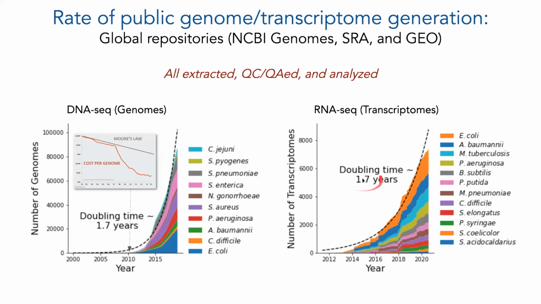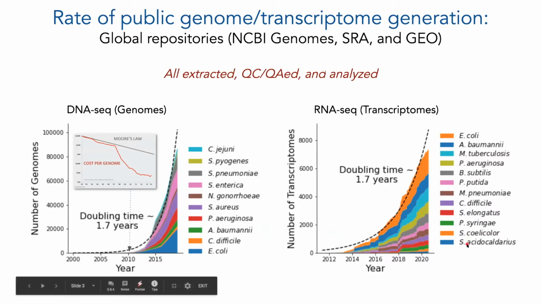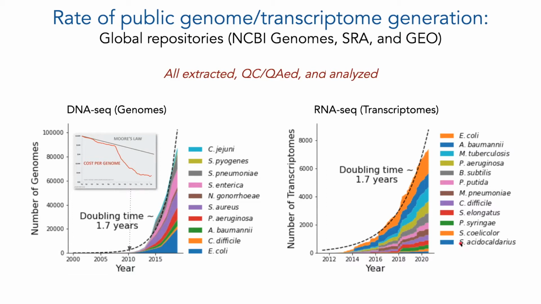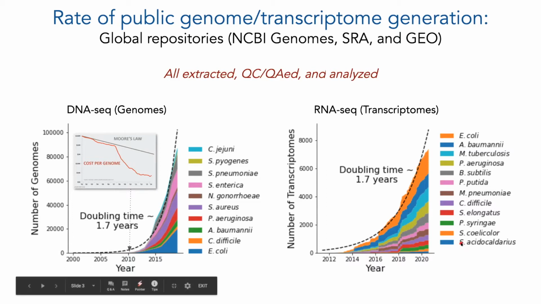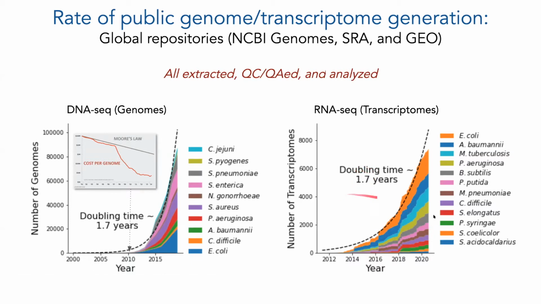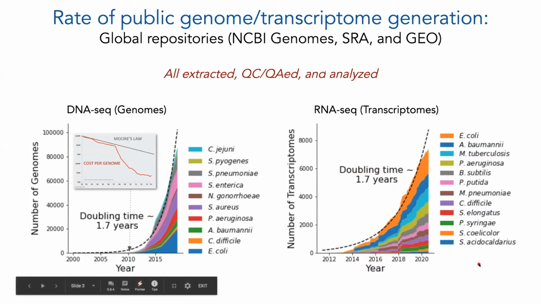And interestingly enough, these estimated doubling times for the two of them are about the same. And as for the sequences, as Anand will describe, we basically depleted all the publicly available data at the moment for bacterial transcriptomes that are suitable for the sort of analysis that we do. So I hasten to add that in 1.7 years from now, there'll be twice as much data, so all of this has to be repeated.